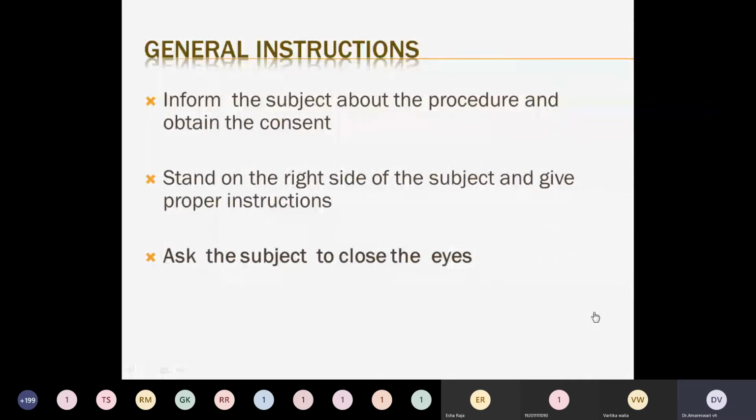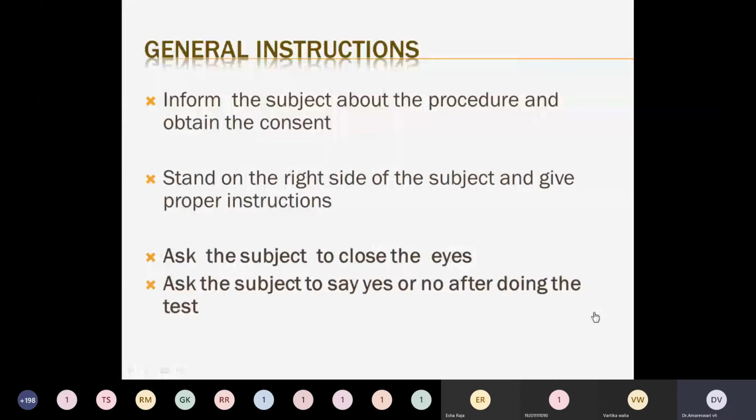And one more thing: the area wherever you are going to test should not be covered with clothes. So for the forearms, remove the clothes on the skin where you are going to test. Ask the subject to say yes whenever he perceives the sensation, and no when he is not able to perceive, while doing the test.